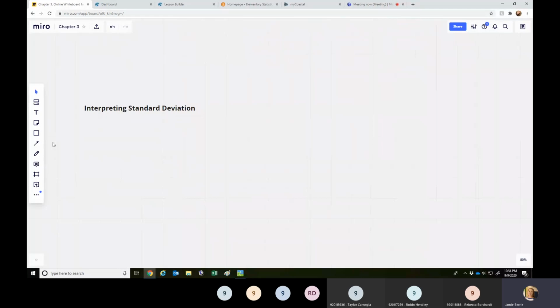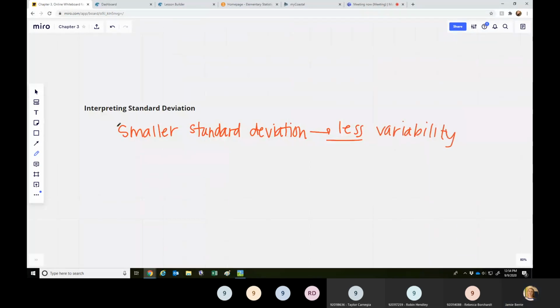Let me get my pen here. A lower or smaller standard deviation means that there's less variability. Data values are closer to the mean.